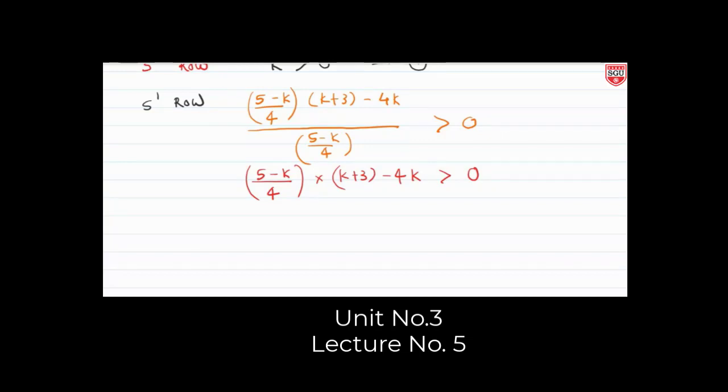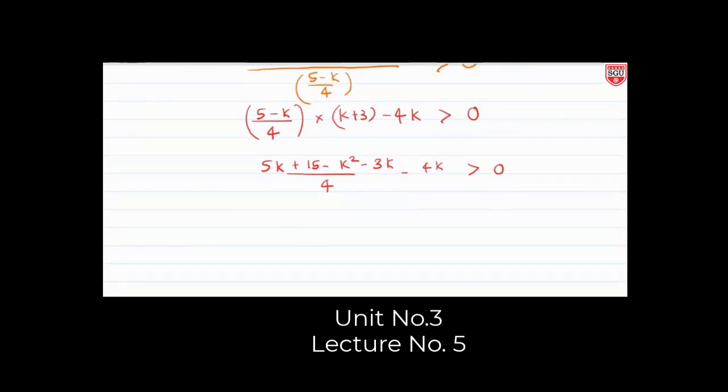We have to multiply the brackets. When we multiply the brackets, what will you get? 5k plus 15 minus k square minus 3k, divided by 4, minus 4k greater than 0.